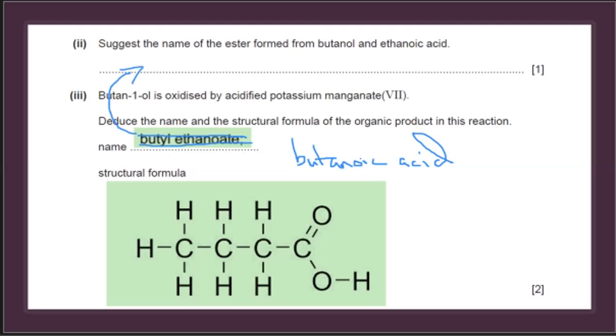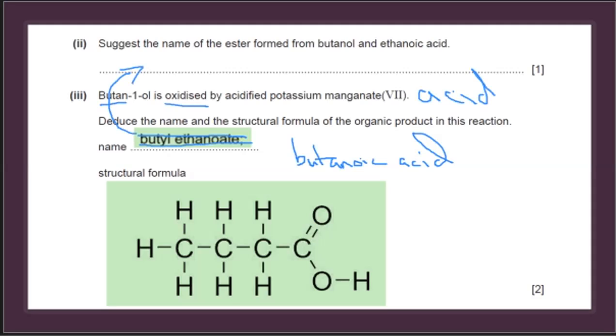That answer should be there. The name of the structure that you will get here for part 3 is butanoic acid. Why? When the alcohol undergoes oxidation, it always gives you the acid.